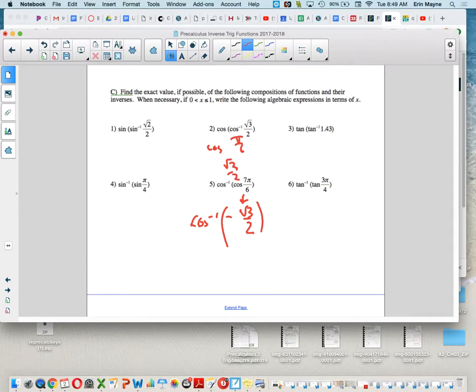What angle, this is a trig ratio, what angle causes that trig ratio? 150. What are those radians, by the way? There we go, 5 pi over 6.